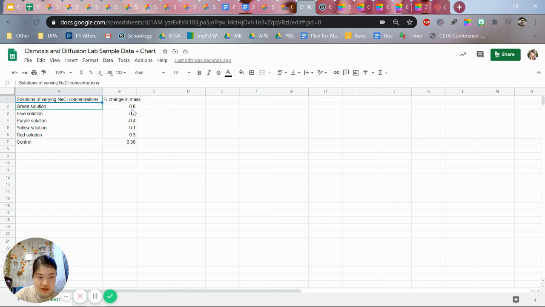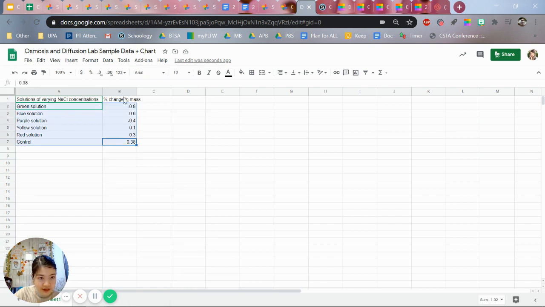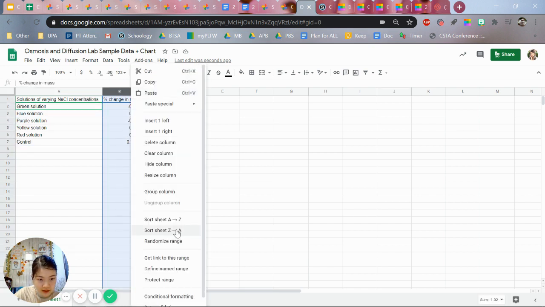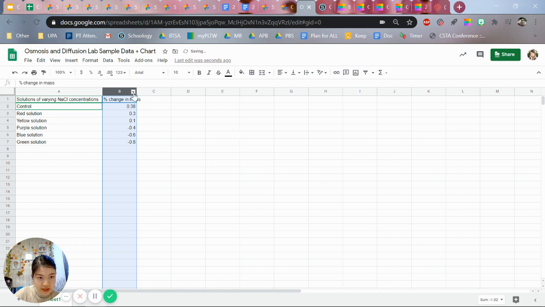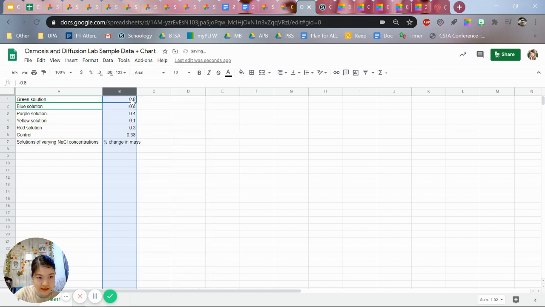And I would like students to organize this in increasing percent change in mass, which they can do by highlighting everything, I believe, and then customize sort sheet from A to Z, which would put it in increasing percent change in mass from negative to positive, which is what you want.